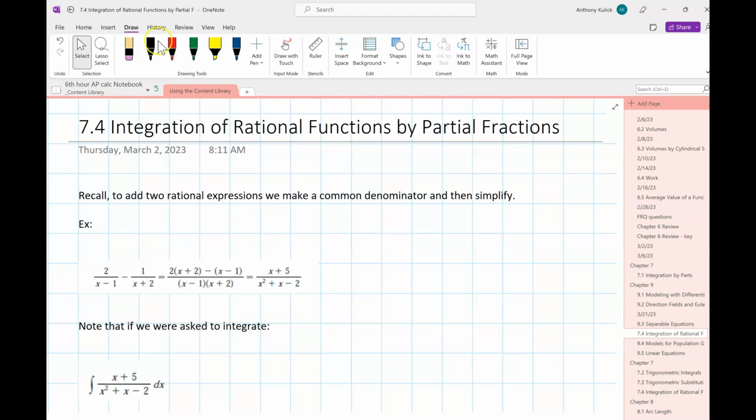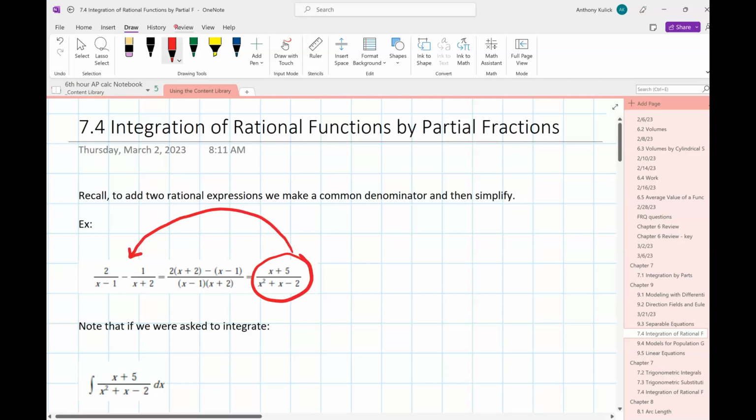Well, I know that at some point to get this, I would have had to add or subtract two things that looked like this, right? And each of these is easy to integrate just using the natural log antiderivative with a u sub.